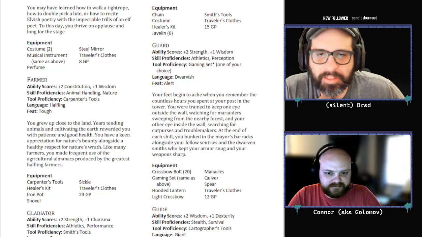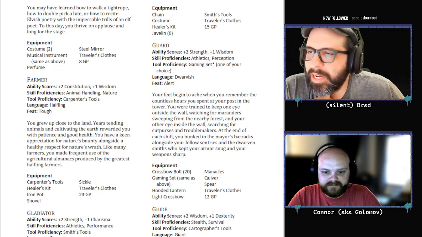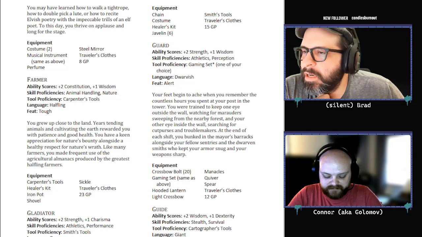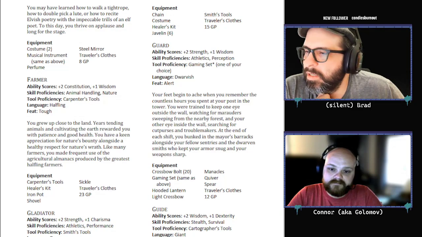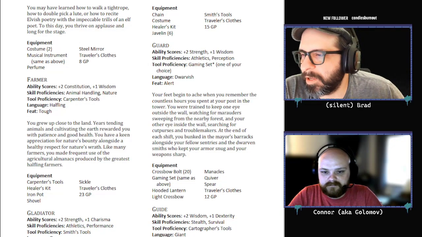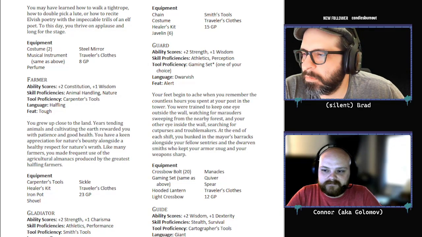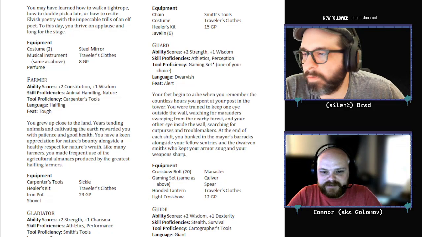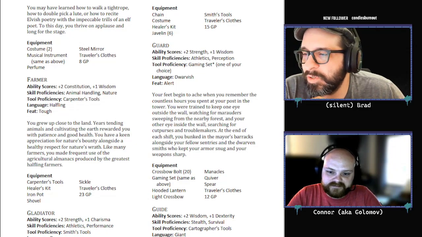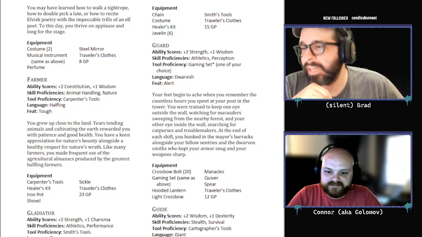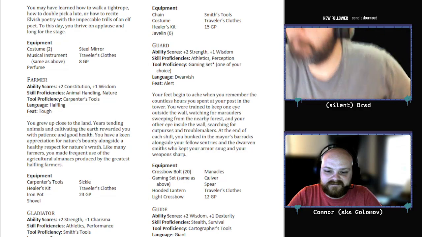Guard, we got strength and Wis, athletics and perception, gaming set, dwarvish and alert. I mean, where's dwarvish coming from? Yeah, dwarven smiths, fellow sentries, and the dwarven smiths who kept your armor snug, so that's where they're getting dwarvish here.